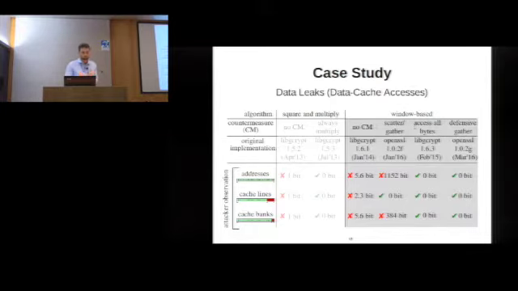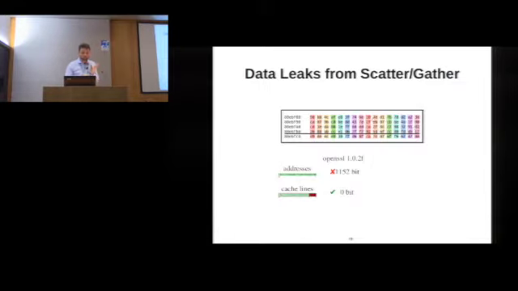And our analysis shows that over there, the problem has been solved. What's more interesting is what happens with ScatterGather. So our initial results were this: for the strong address-based attacker, we report a high number of leaked bits. However, for the cache line attacker, our tool reports that the problem is solved and there is no leakage.